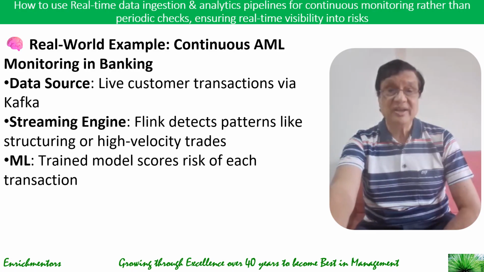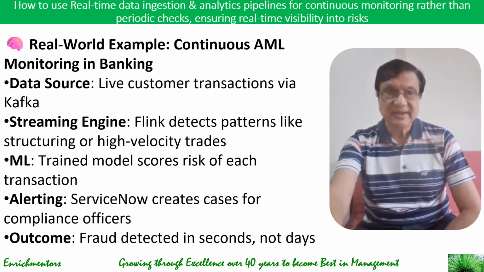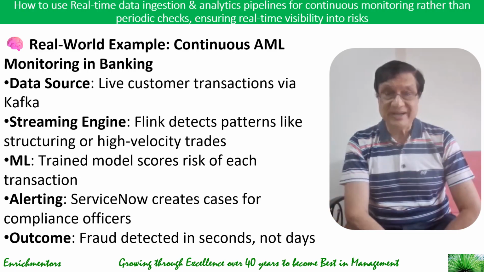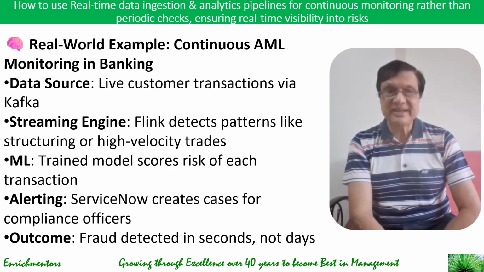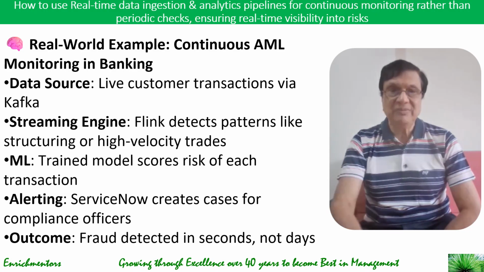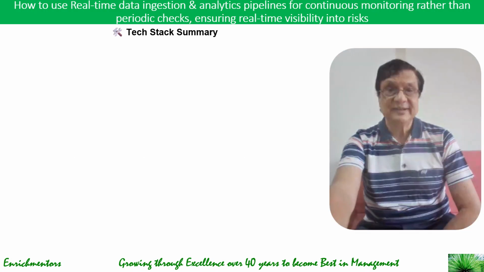So this is at scale again. And then ServiceNow creates cases for compliance officers. And the outcome is fraud detected in seconds, not days. So that's a real-world example of continuous AML, anti-money laundering, monitoring in a banking system.